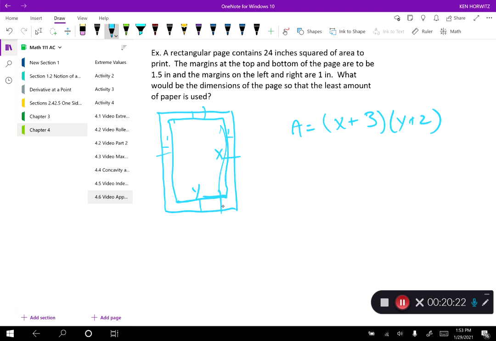All right, so we said my printable area is going to be xy, and my printable area is going to be 24. So I've got my primary and my secondary equations. Now I'm going to solve my secondary equation for y. y equals 24 over x.